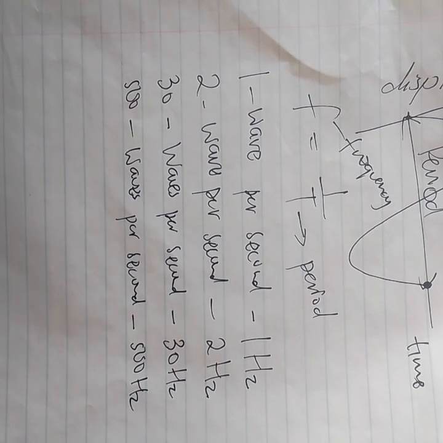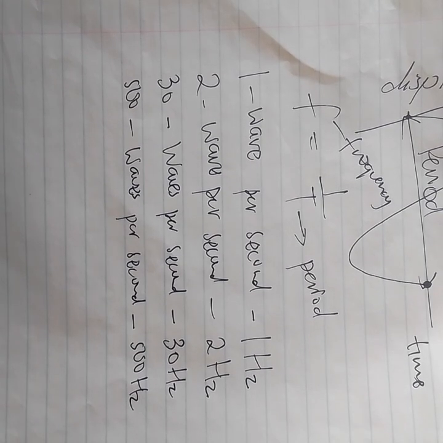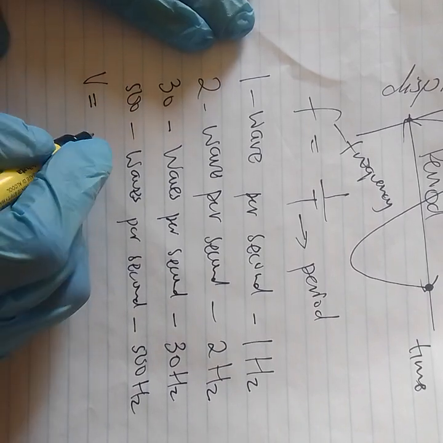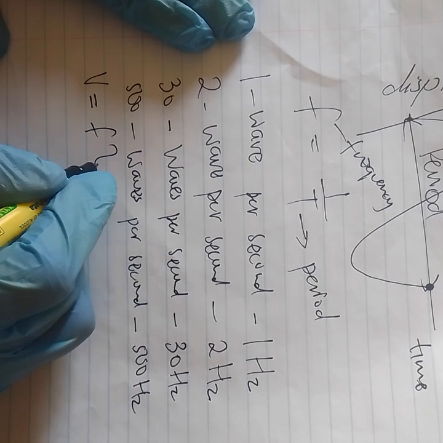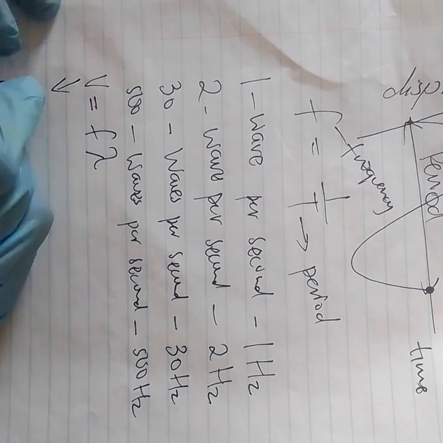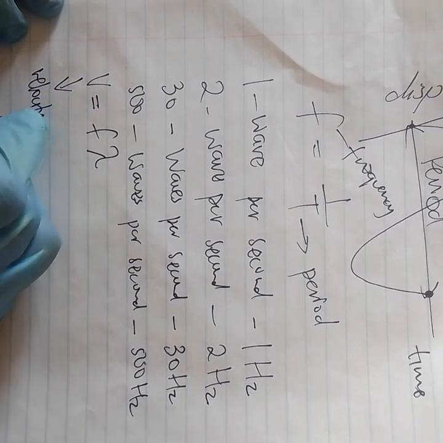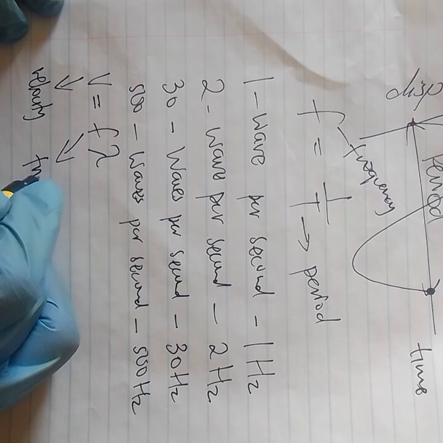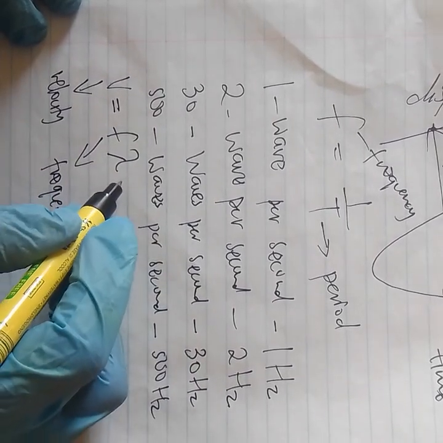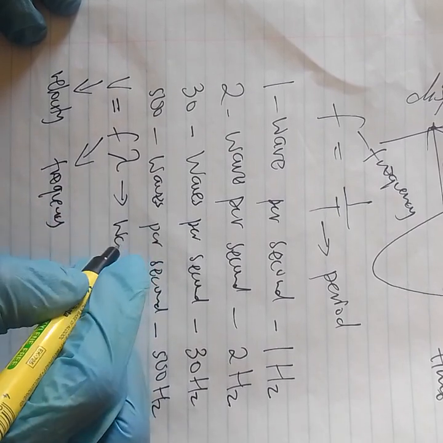The next equation to know is that of the wave speed. That is the most important equation to know, whereby we say that the velocity of a wave is equal to the frequency of the wave times the wavelength, where v is the velocity, f is the frequency, and lambda is the wavelength.